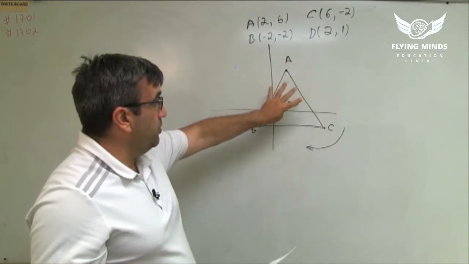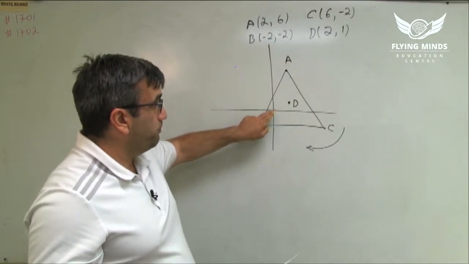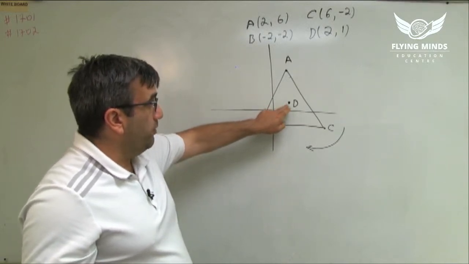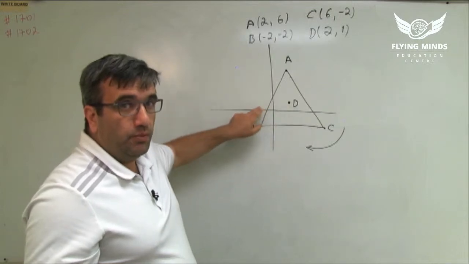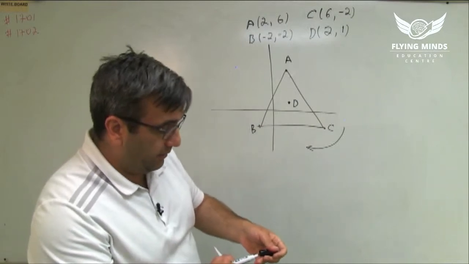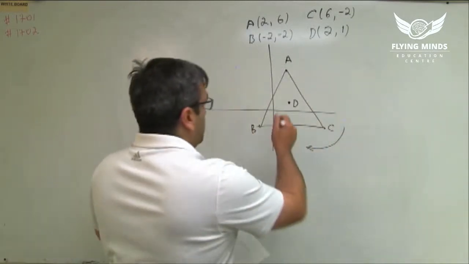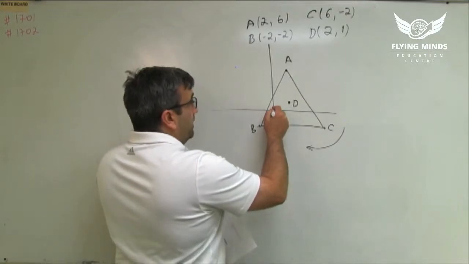So what I want to do is move the whole triangle to the origin, so point D would be our origin. I want my point D to be here, and this is what we're going to do.